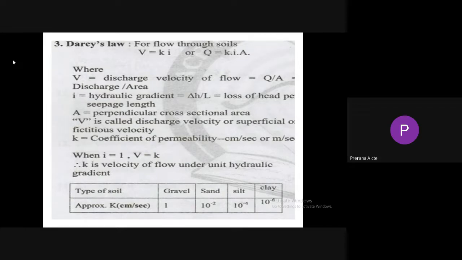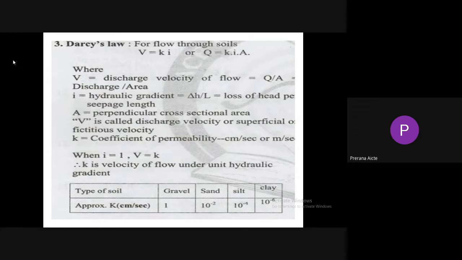So K is known as the coefficient of permeability. Permeability is measured in terms of the coefficient of permeability, in centimeter per second. The amount of water flowing per centimeter per second under unit hydraulic gradient is known as permeability. Now the types of soil and approximate permeabilities.